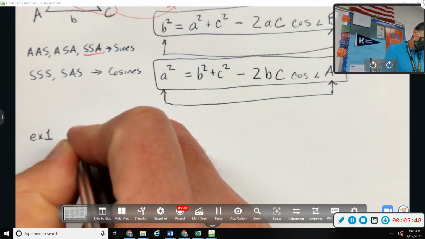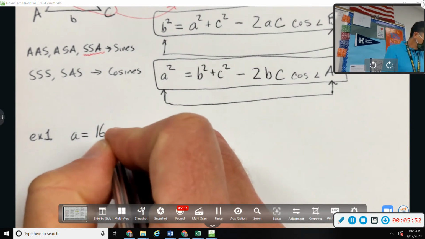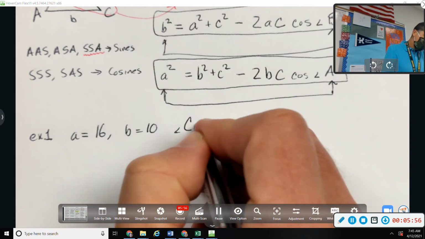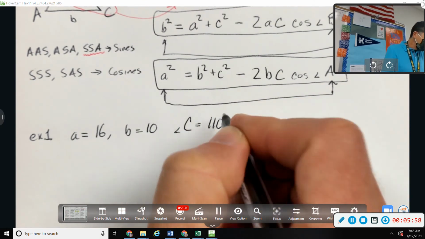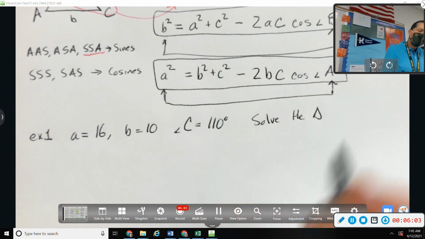So I'll show you what that means in this problem. a equals 16, b equals 10, angle C equals 110 degrees. Solve the triangle.